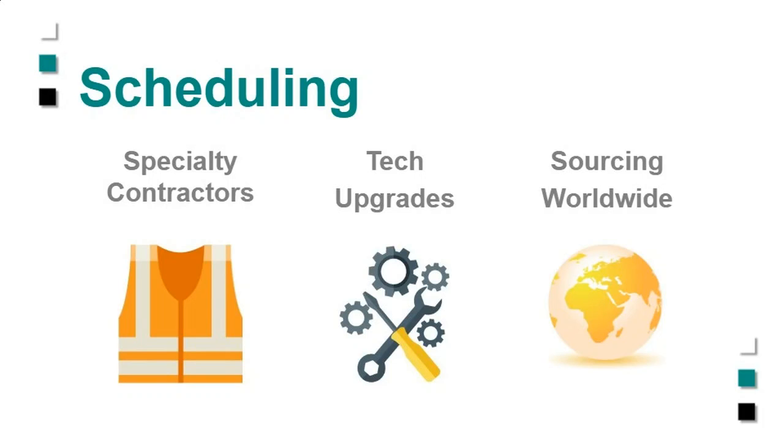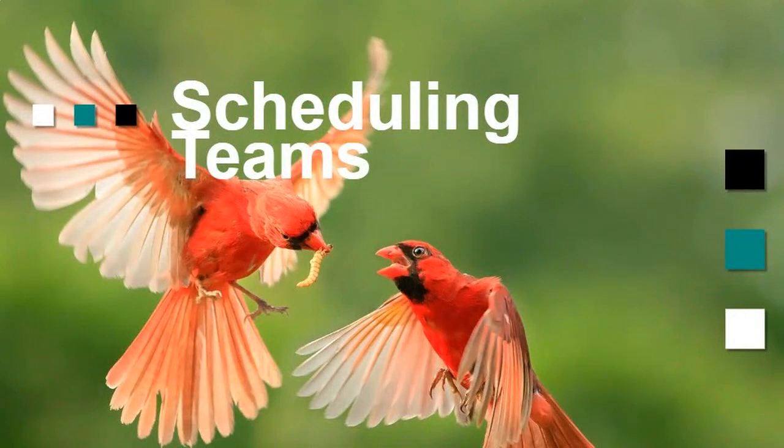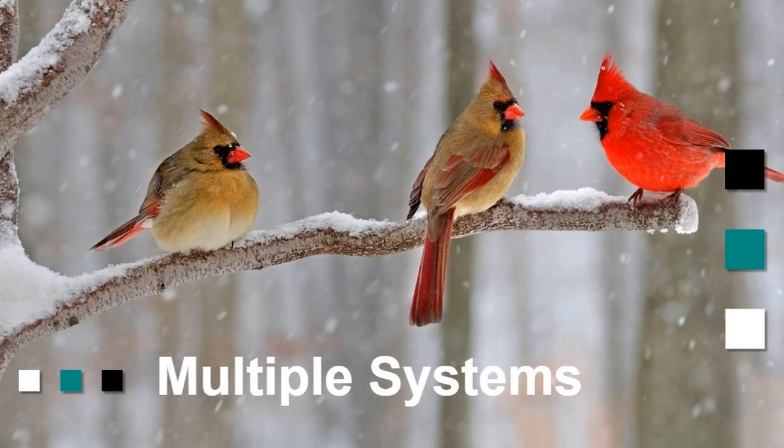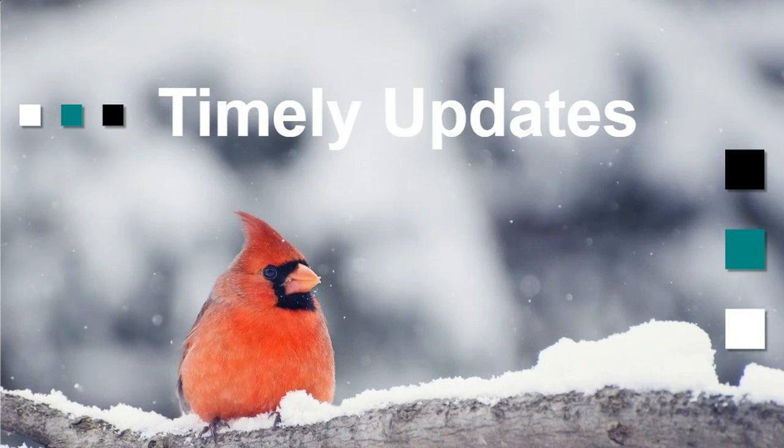And what we find is we have larger scheduling teams, maybe more people collaborating on putting those schedules together, that use different software, different systems, which of course just makes it more and more challenging to get the updates in, to understand the interdependencies, and make sure the updates are timely. Without timely updates, you can't really forecast as well as you need to, and that's very important.